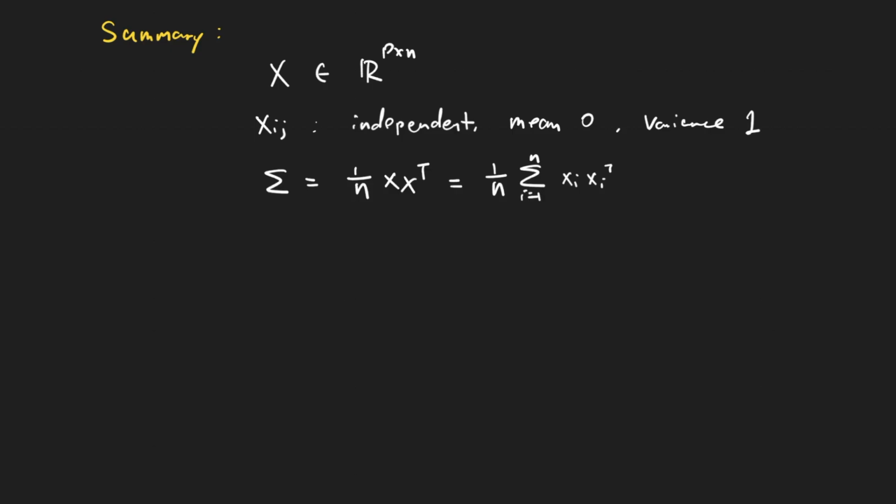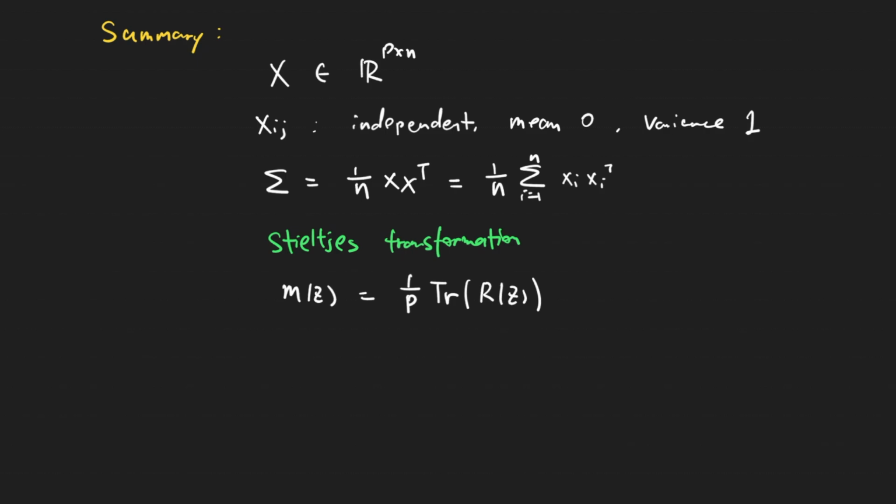And our strategy here is to look at the Stieltjes transformation. So that is given by m of z, which equals 1 over p times the trace of the resolvent. Right, so the resolvent is given by (sigma minus zI) inverse.